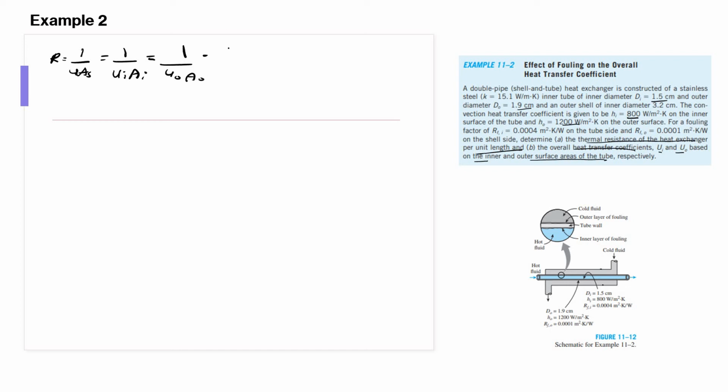So it's equal to 1 over hiAi. This one is the convection part, and this equation you can directly refer back to your previous slide.